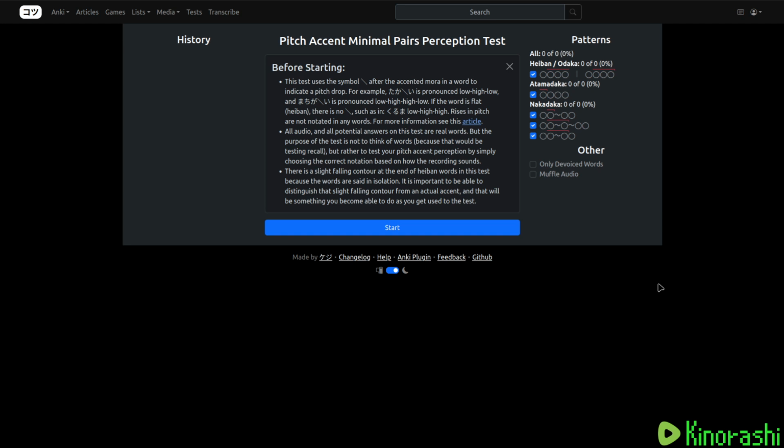Masu negative: imasen, 言いません. Polite past negative: imasen deshita, 言いませんでした.